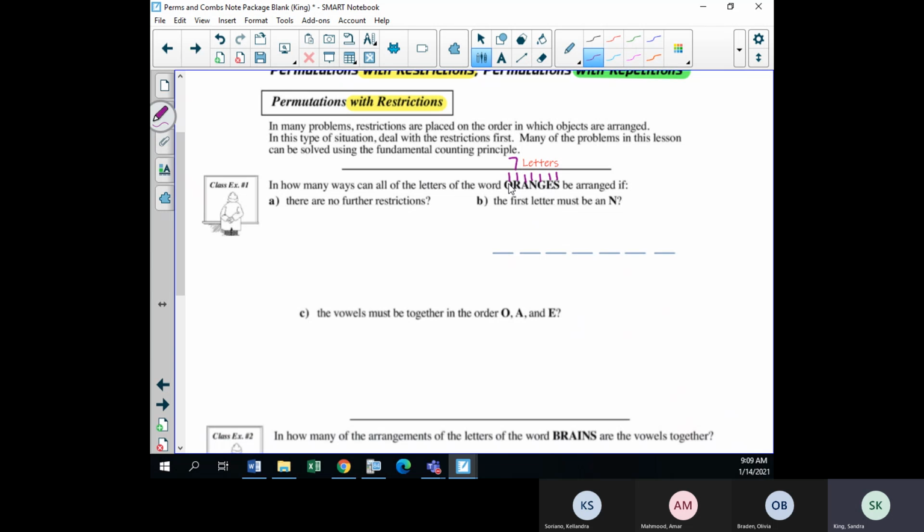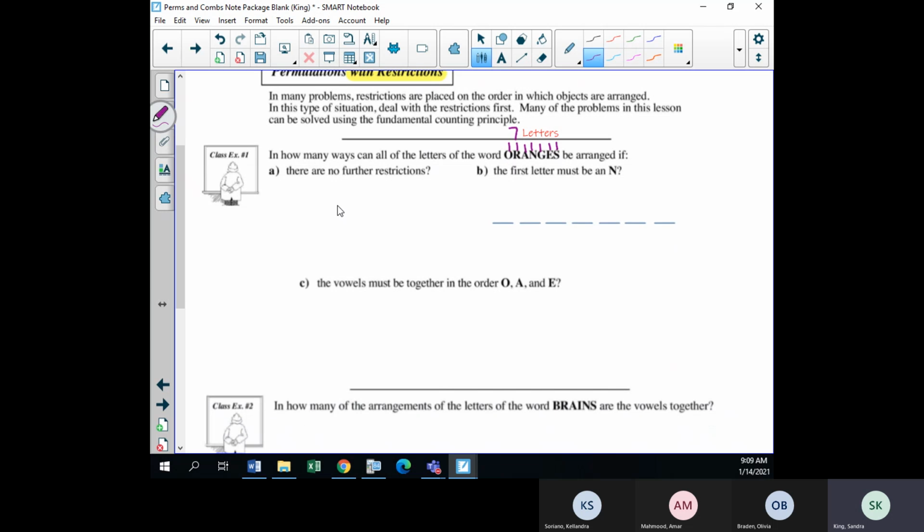Okay, so we're taking the letters in the word oranges and we're going to arrange them and figure out how many other 7-letter words we could make if there's no restrictions. There were different ways that we learned how to do this. From the first lesson, we learned the fundamental counting principle.